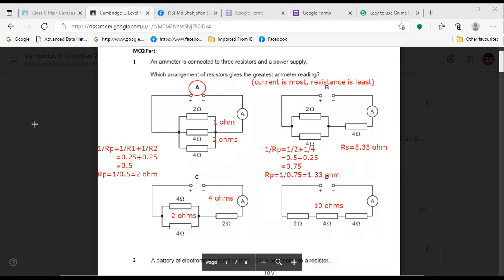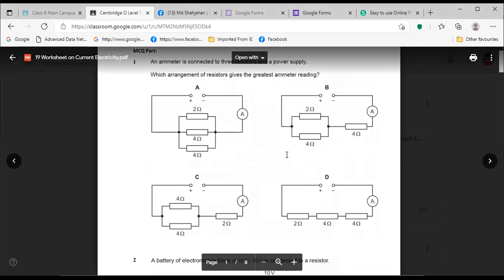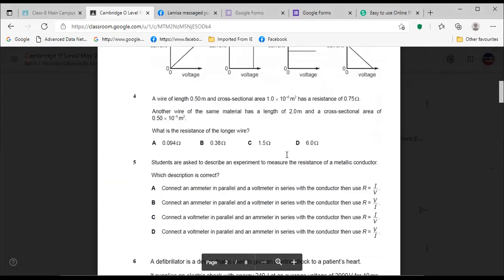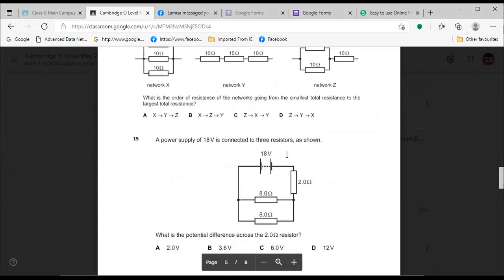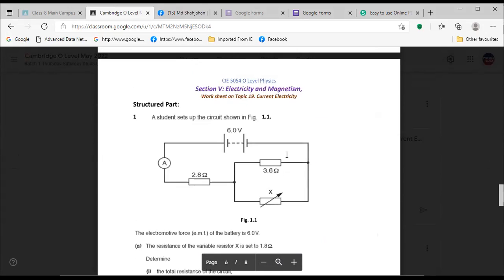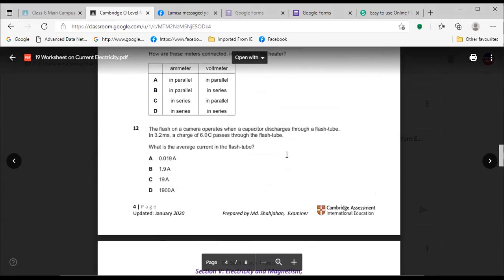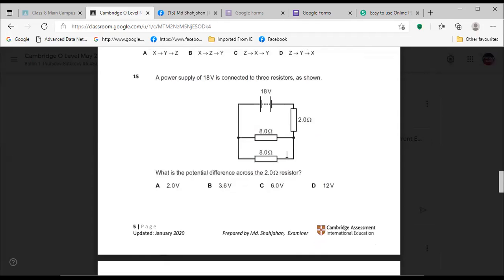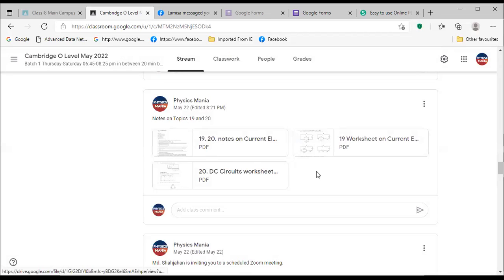We have more MCQs. Here, if you go back, go down, lots of MCQs are there. So till Thursday, we need you to try this MCQ part. Okay, this is only current electricity topic. We have another worksheet that is on DC circuits.